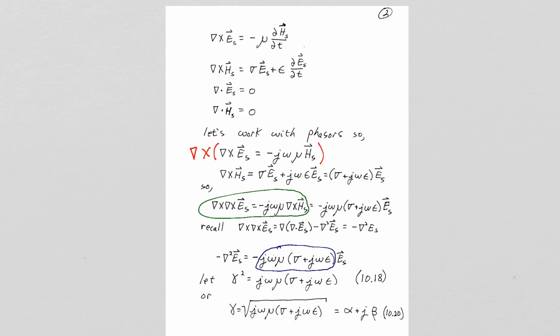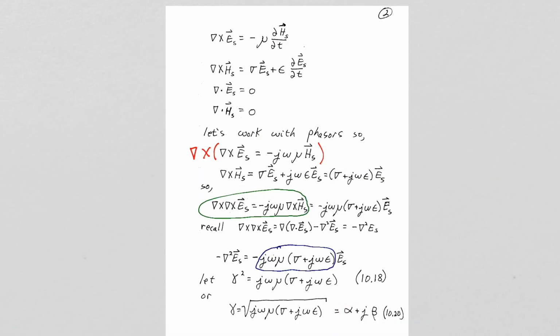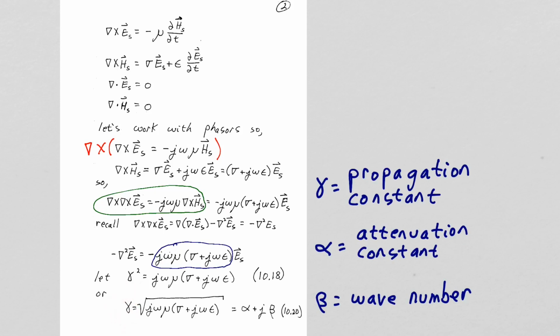We'll call the real part alpha and the imaginary part beta. Gamma is the propagation constant, alpha is the attenuation constant, and beta is the wave number. Beta will play the same role it did for our wave propagation in lossless material, and we'll see that alpha describes the attenuation of the wave as it propagates.